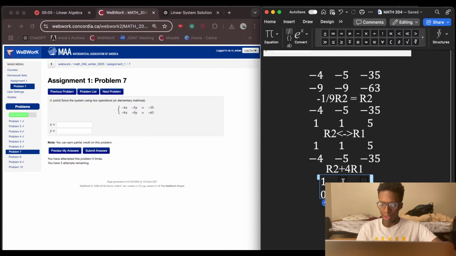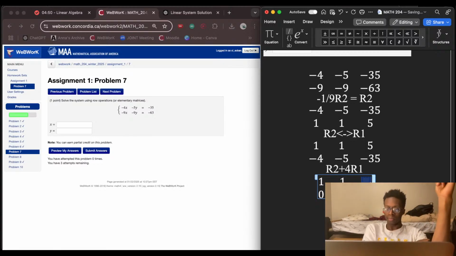And then it'll be -5 plus 4, which gives you -1. And then this will give you 0 up here. No, this will give you 1 up here. Then this will give you 5 times, okay, just put 5 there. And then -35 minus 20, so then -15.